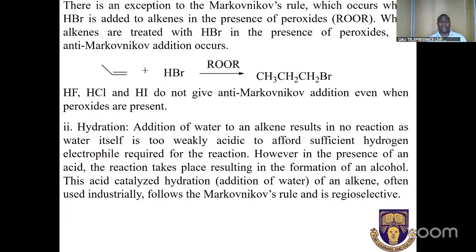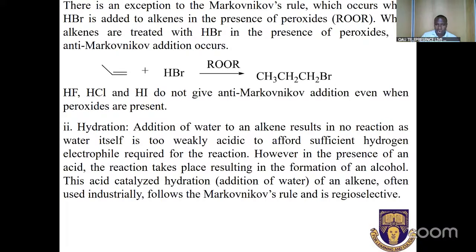And in case of unsymmetrical reagents, what is important really is the addition of such unsymmetrical reagents to unsymmetrical alkenes. So where you have, for instance, propene, which is not symmetrical, and we're reacting it with HBr, for example, the addition would normally follow a rule that was propounded by an old Russian scientist by the name Vladimir Markovnikov.